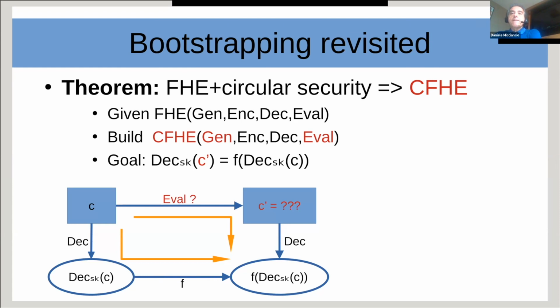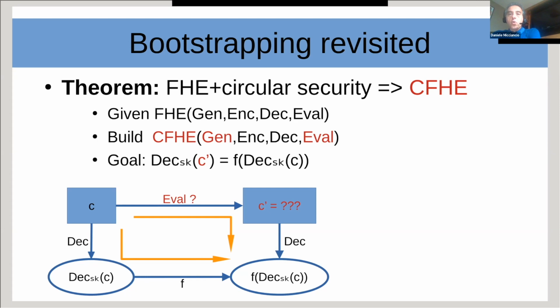So we start from an FHE scheme here in black with a key generation, encryption, decryption, and evaluation algorithm. We'll build a different scheme in red, the CFHE scheme, which is going to use the same encryption and decryption functions. I'm only going to change the key generation and, importantly, the evaluation algorithm in red in this picture.